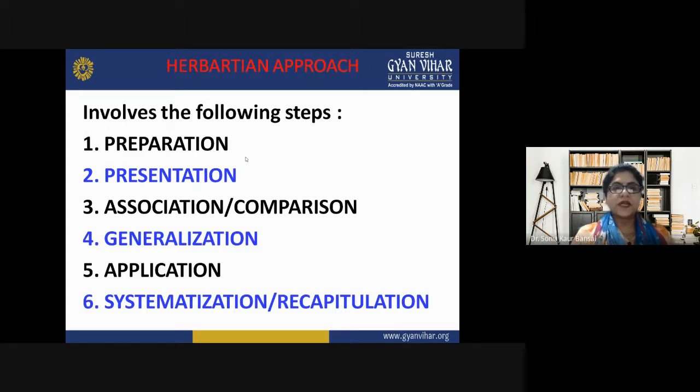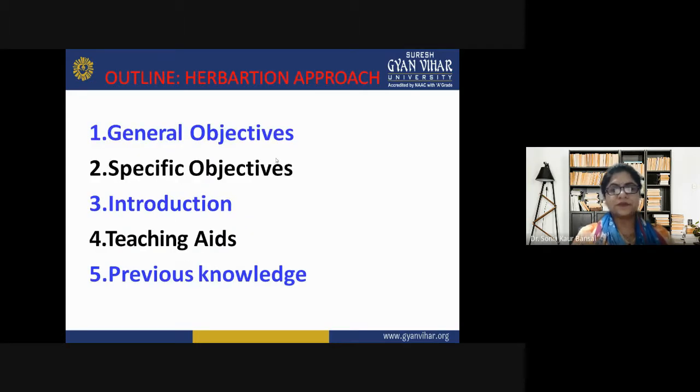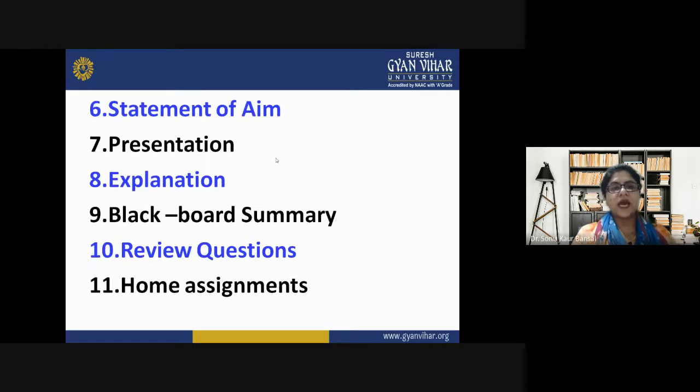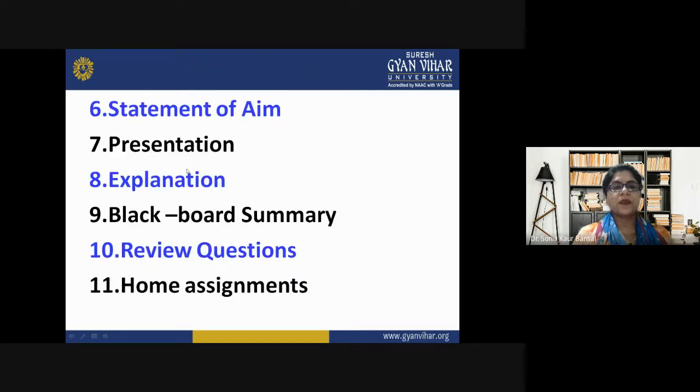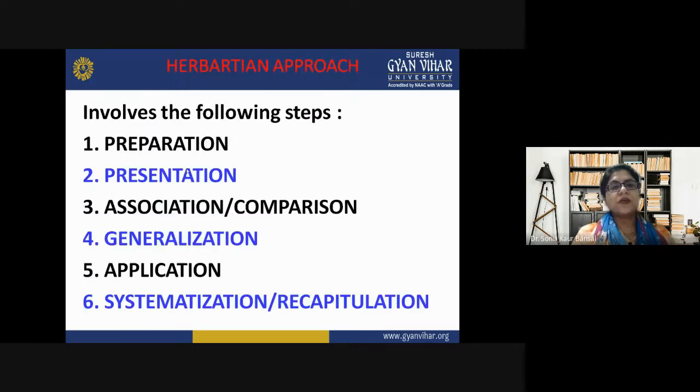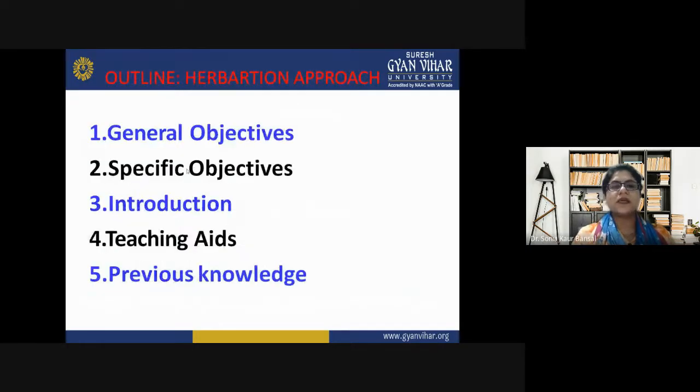Now, let's understand, students, that we have to understand some outline. There is an outline of the Herbartian approach, and in this we are talking about some general objectives, specific objectives, introduction, teaching aids, and previous knowledge.